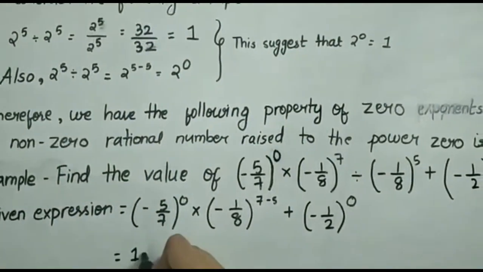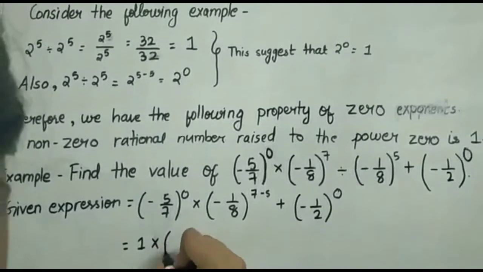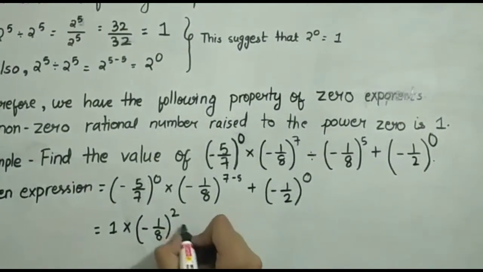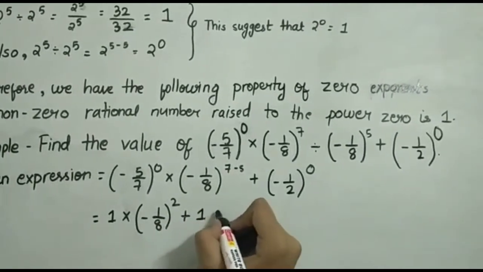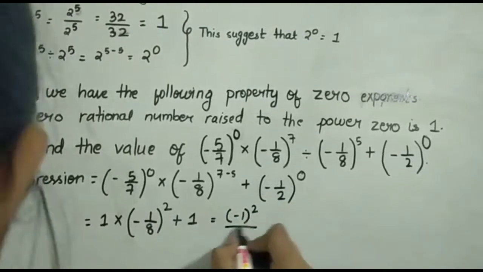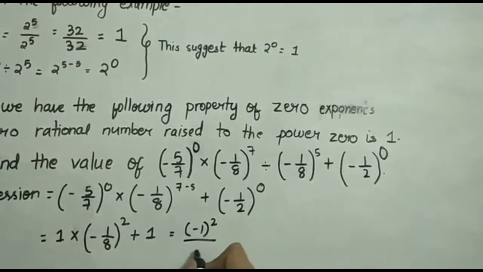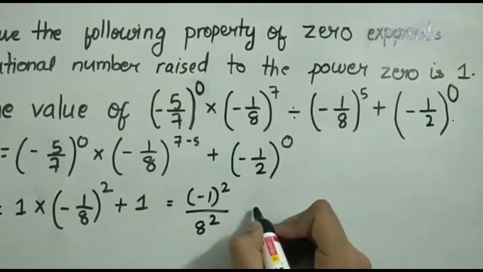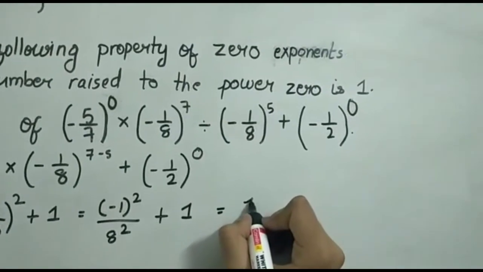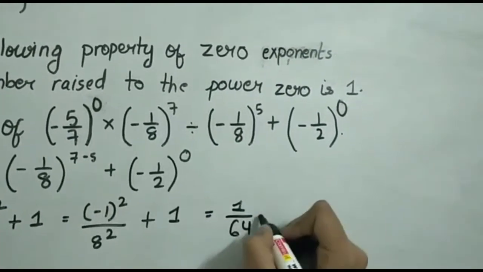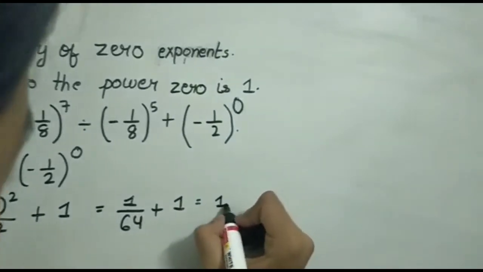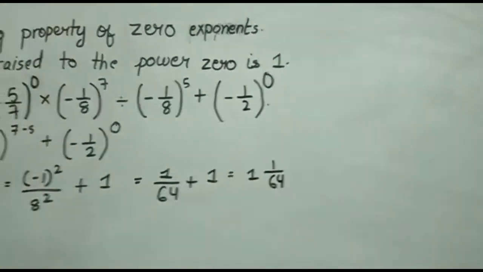So 1 × (-1/8)^2 + 1 equals (-1)^2 / 8^2 + 1. Answer is 1/64 + 1 equals 1/64.